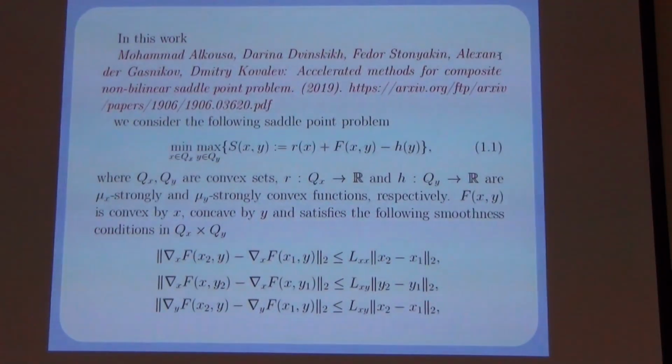In this work, we consider the following saddle point problem, where Qx and Qy are convex sets. The function R is mu x strongly convex. The function h is mu y strongly convex. The function fxy is convex in x and concave in y.